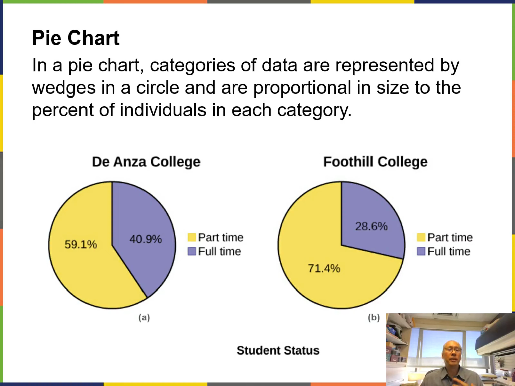First of all, you can immediately see via a picture that there's more part-timers in De Anza and in Foothill College than there are full-timers. But if you take a look at the graphs without necessarily looking at a number, you can immediately tell that the percentage of Foothill part-timers is larger than the percentage of De Anza part-timers. So you can see that clearly with a pie chart.